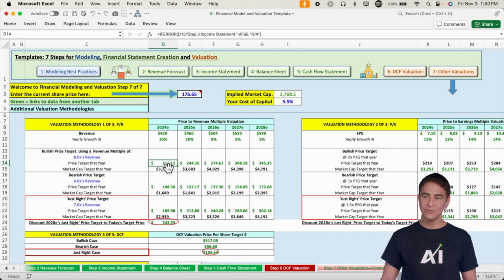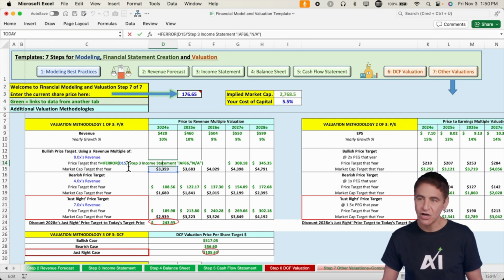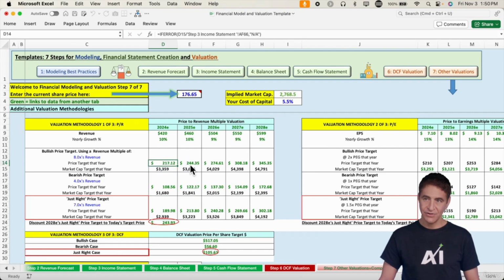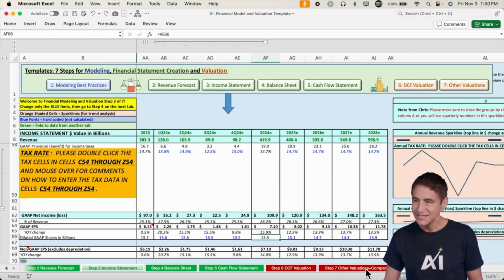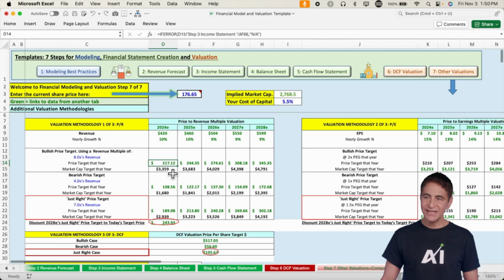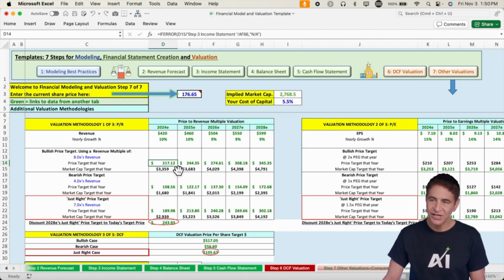And let me just double check to see if this is correct. You can always copy. Remember to copy right at the quote all the way over. Copy. And we go up here and we paste this in. Good. That's correct. 2024. Now let's go back here to our valuation. Great.